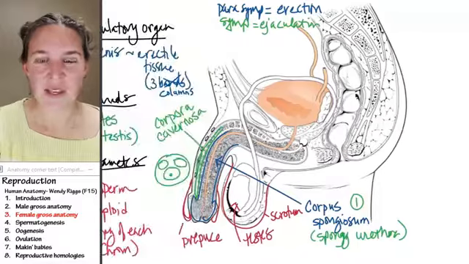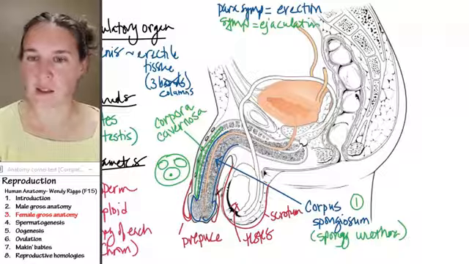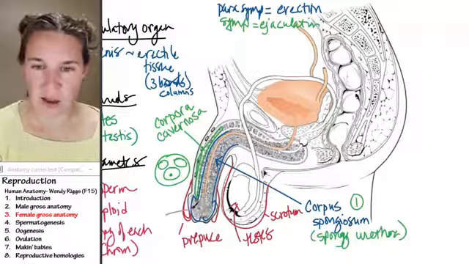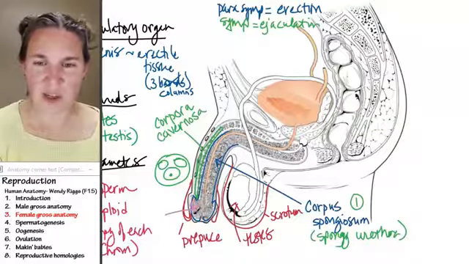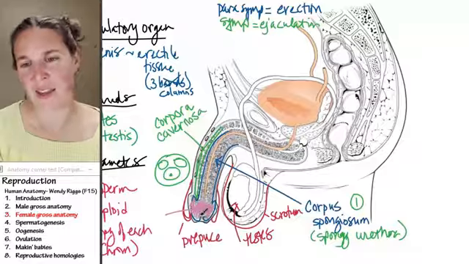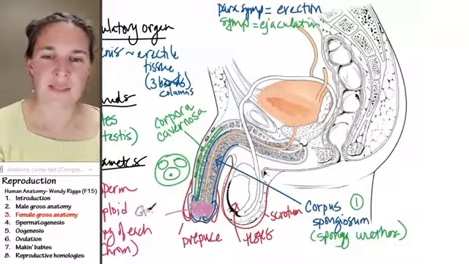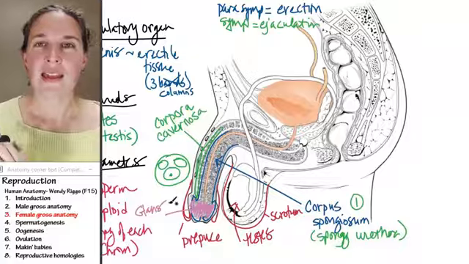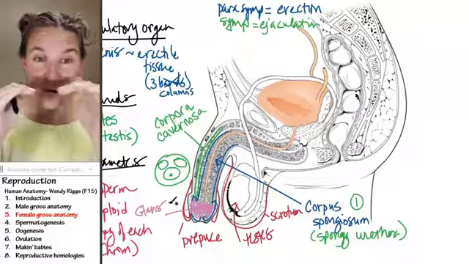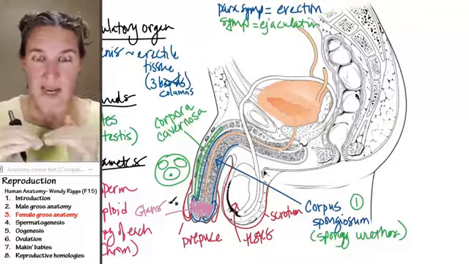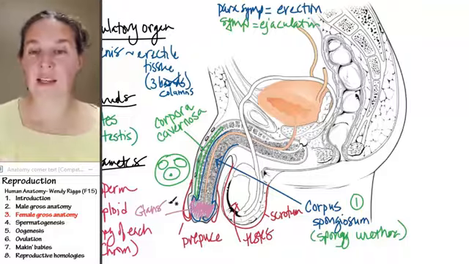So guess what the glans of the penis is? It's the head of the penis. Oh, we'll just color that in. This is the glans, the little part that kind of bulges out like that.